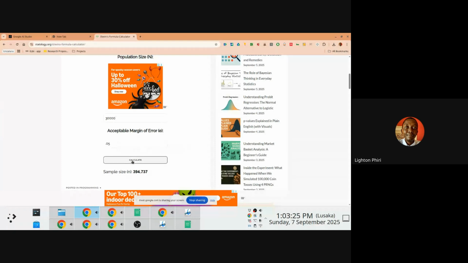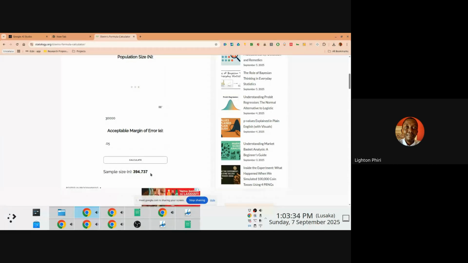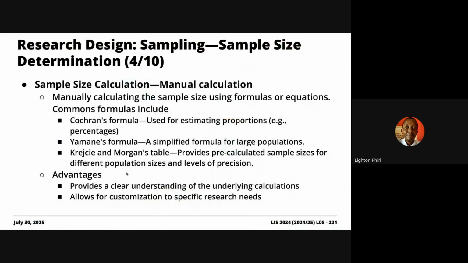I'll just say calculate, and it's telling me that I need a minimum of 395, because it's 394.737. You can't have 0.737 of a person, so we're rounding off to the nearest whole number. So I would need a minimum of 395 responses. You understand? So there are formulas that you can use, a whole range of formulas.